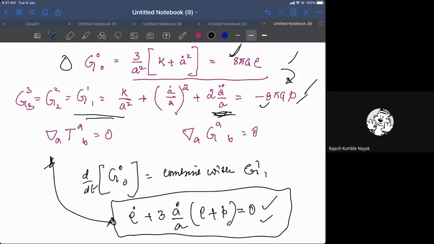Differentiate the first, substitute the second. Anybody not getting it? I mean, anybody tried and not getting it? If you didn't try and didn't get it, it's a different matter.